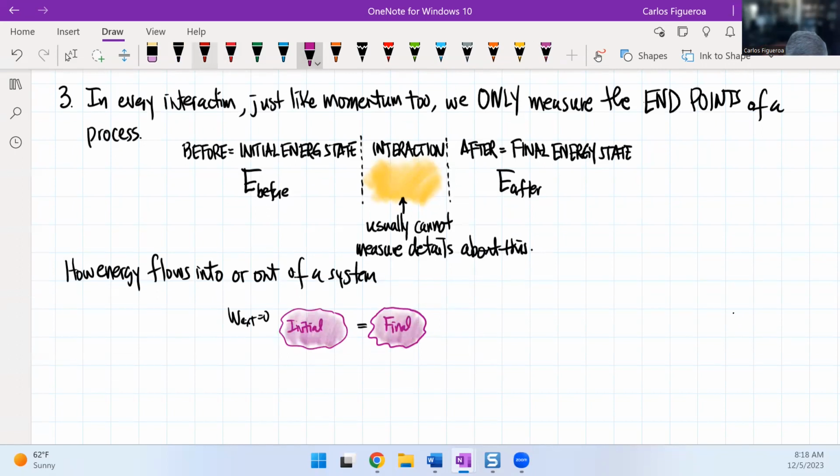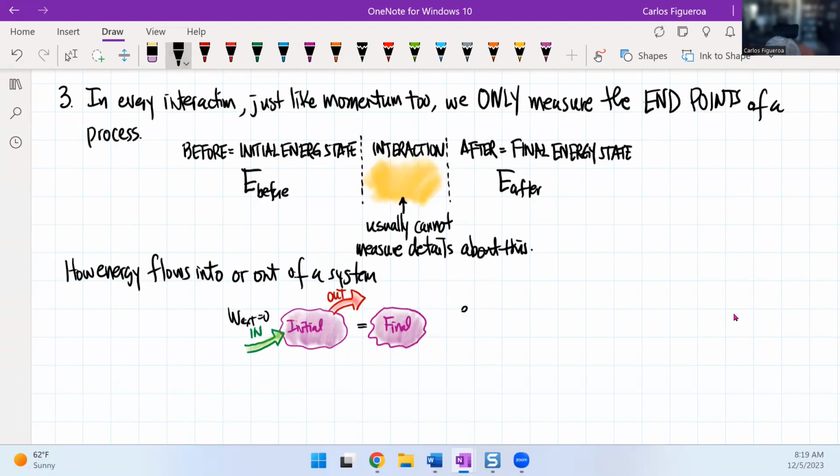So even though I have a flow of energy coming in, and I have a flow of energy going out, that system stays in an equilibrium state. It's in an energy equilibrium state, right?